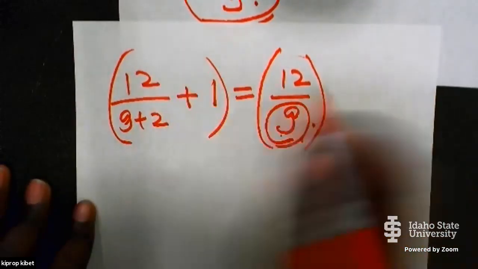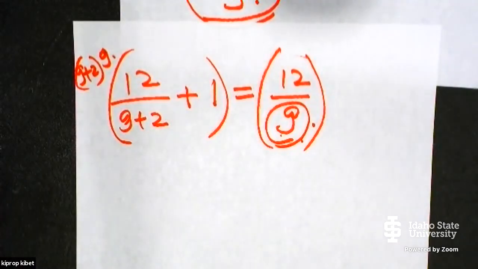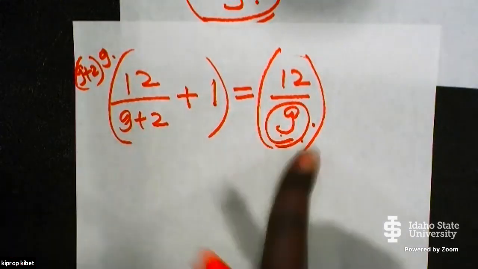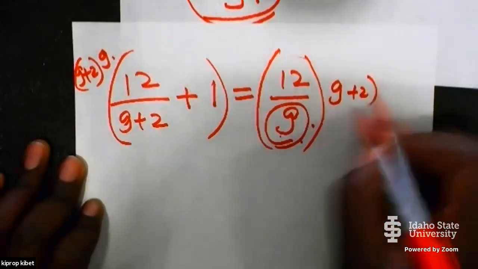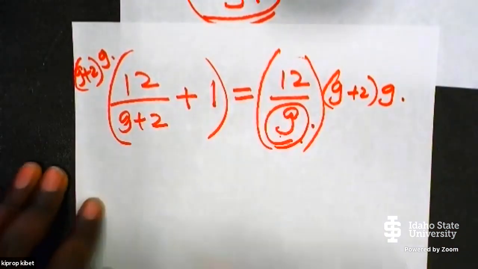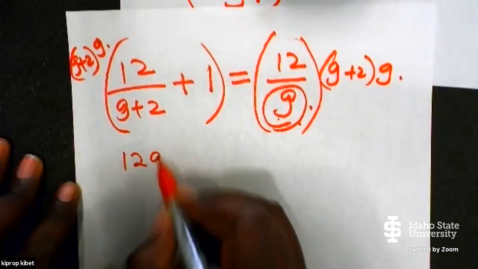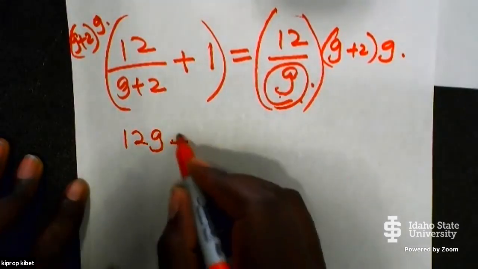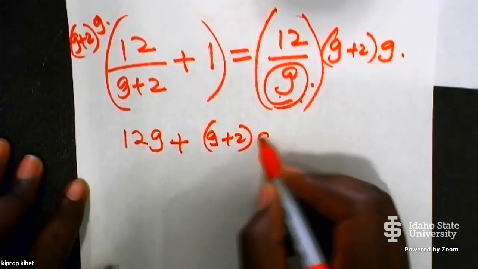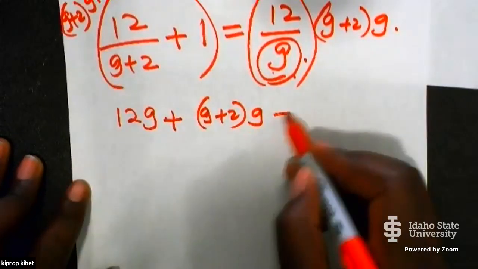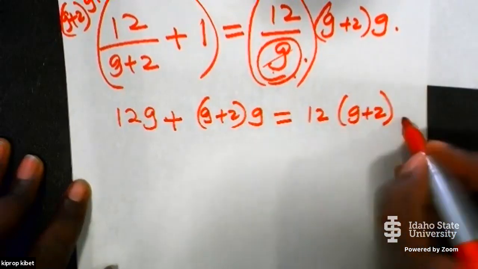It will be G plus 2 times G. So G plus 2, times this G over here, and you do the same on the other side. When you open the brackets, this G plus 2 will cancel, and you remain with 12G, plus G plus 2 times G equals, this G will cancel, 12 times G plus 2.